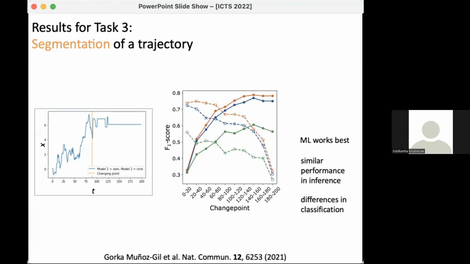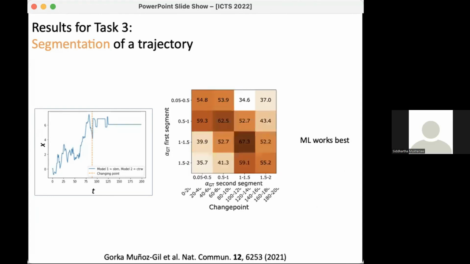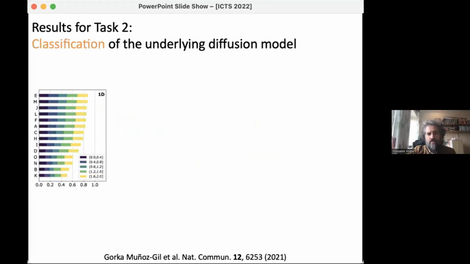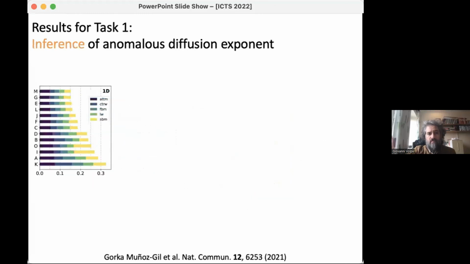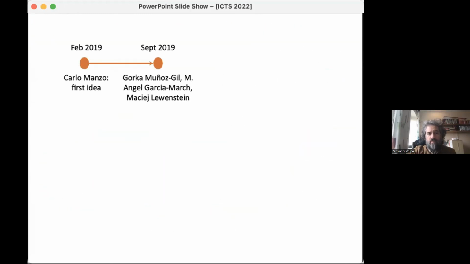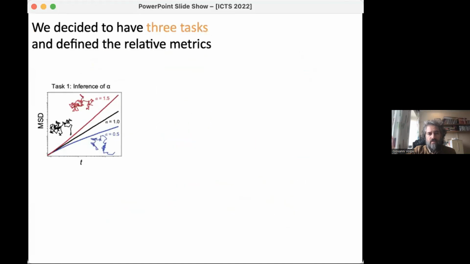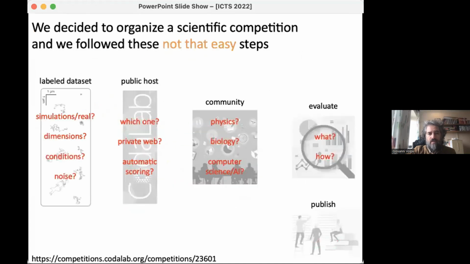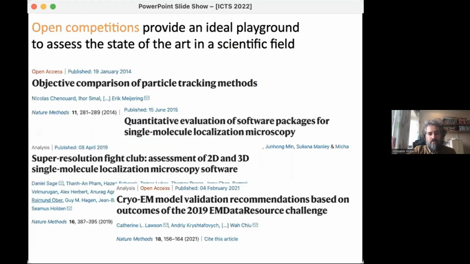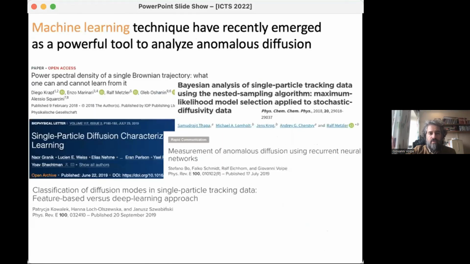Right. And by the way, I can give you another example, because in this paper that we published before the challenge, we were one of the ones proposing the use of neural networks. In this paper, we proposed the use of a recurrent neural network to classify trajectories, we did also a segmentation task, and we applied it to experimental data.